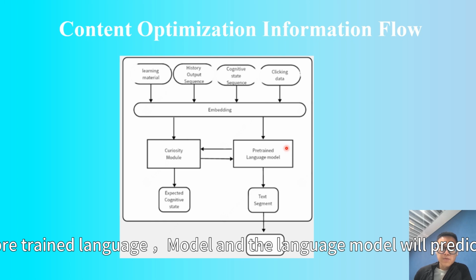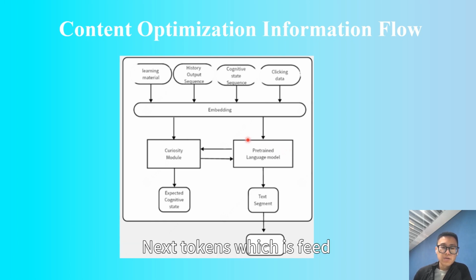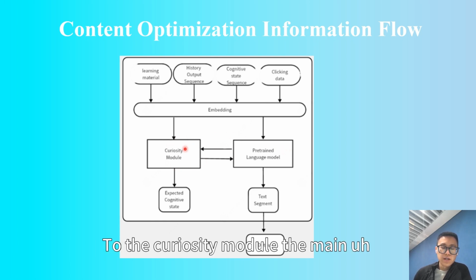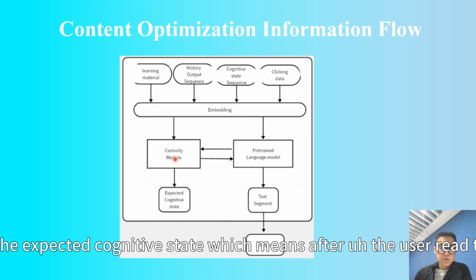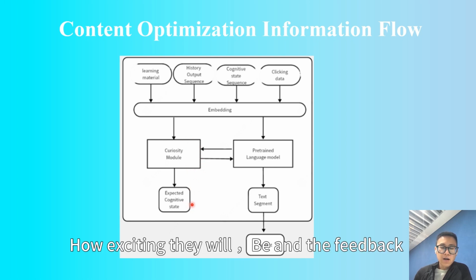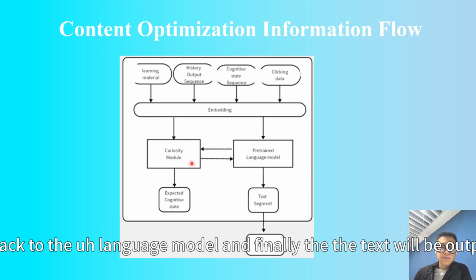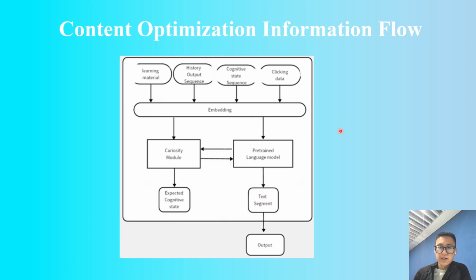The language model will predict the next tokens, which are fed to the curiosity module. The main purpose of this module is to output the expected cognitive state, which means after the user reads these tokens, how excited they will be, and the feedback will be given back to the language model. And finally, the text will be output to the screen.